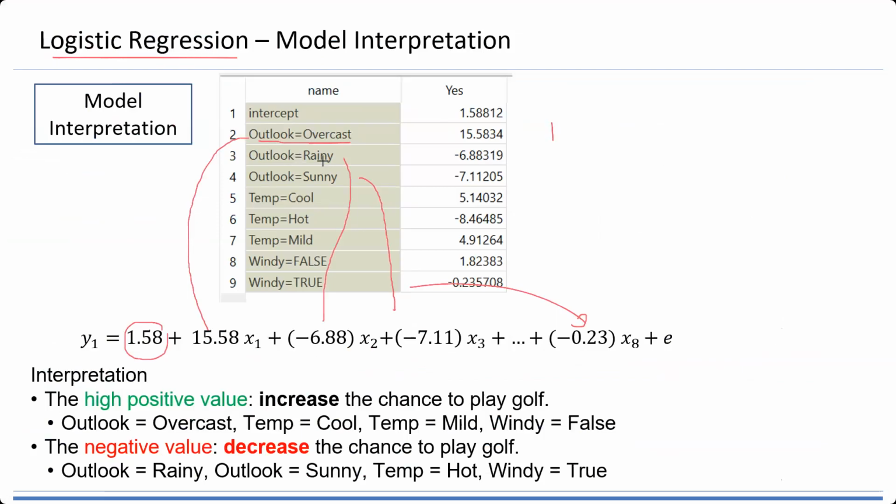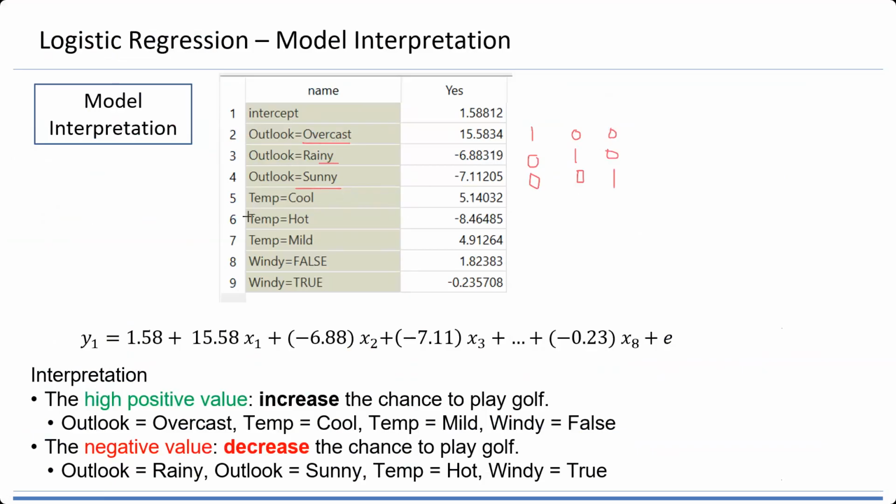If the outlook equals to rainy, it is 1. If the outlook is sunny, it is 1. But we cannot choose all the attributes. So if it is overcast, then this is 1, this is 0, this is 0. If it is rainy, then it is 0, it is 1, it is 0. If it is sunny, then it is 0, it is 0, it is 1.